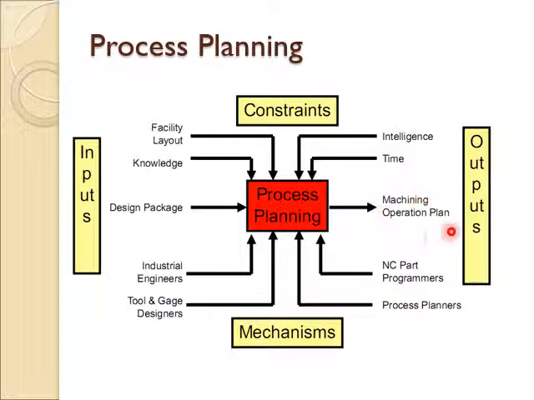For getting the machining operation plan, we use as input the design of the product, and using the constraints of facility layout, knowledge, intelligence and time, we use tools like industrial engineers, tool and gauge designers, part programmers, and process planners, who have the knowledge of the whole process.